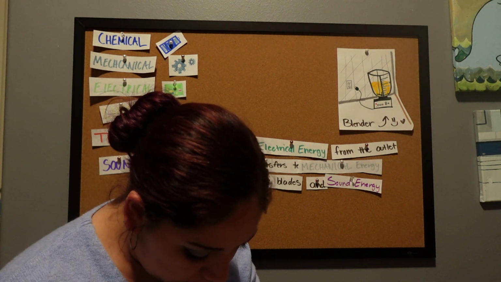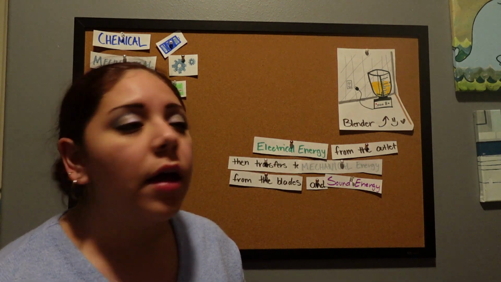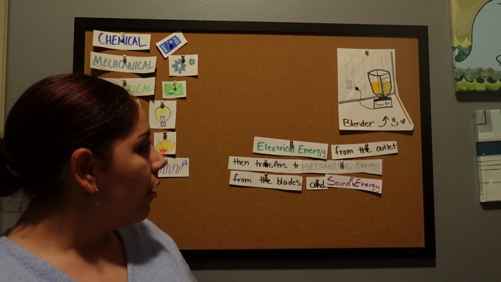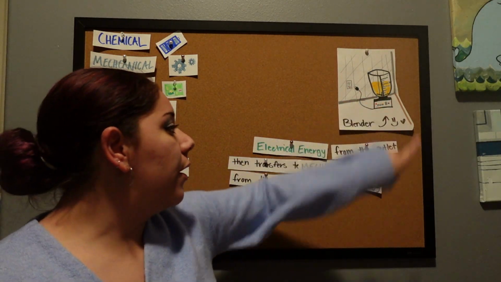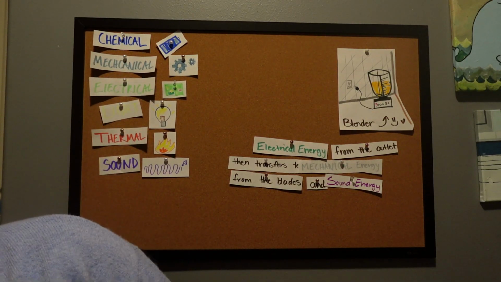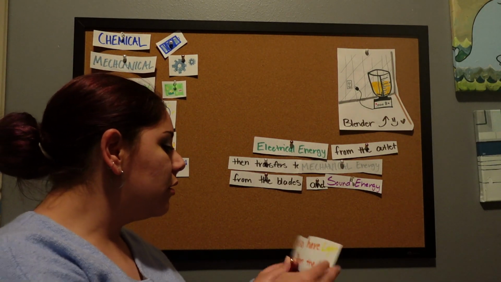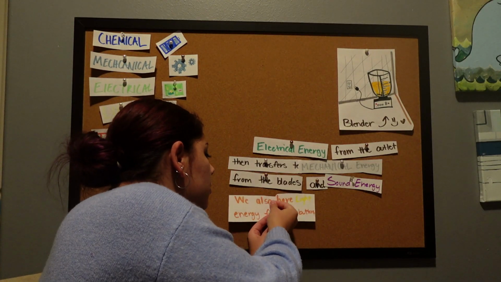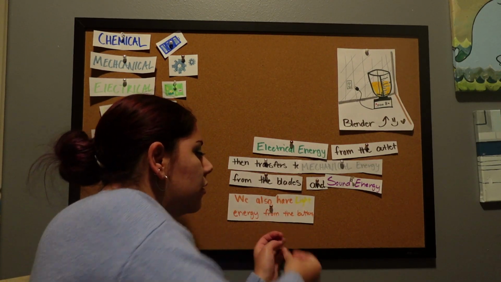Now, here's the big idea. I have these three. I have electrical, mechanical, and sound. But we also mentioned the little buttons. The buttons have light energy, so we also have light energy from the buttons.